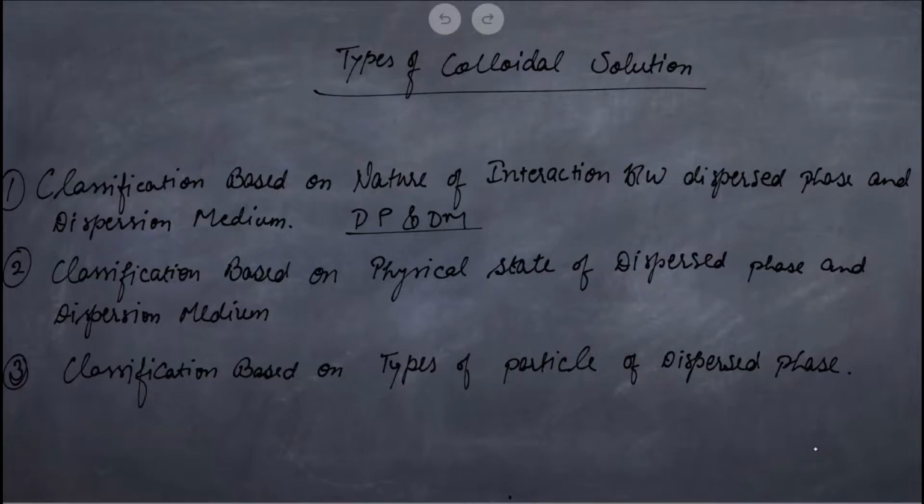The second is classification based on the physical state of dispersed phase and dispersion medium, which we will discuss further. And the third is classification based on the type of particle of the dispersed phase. So let us now discuss the first one.